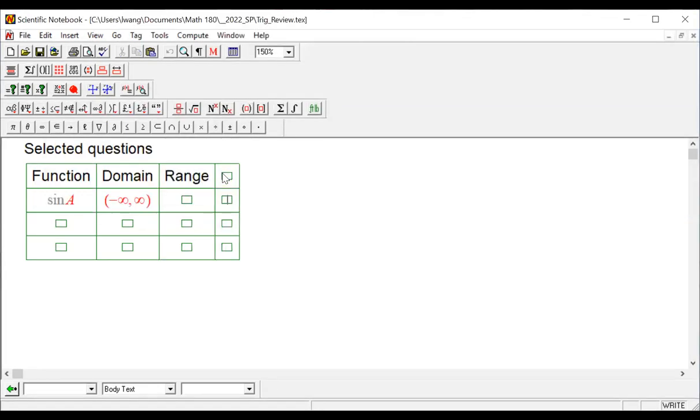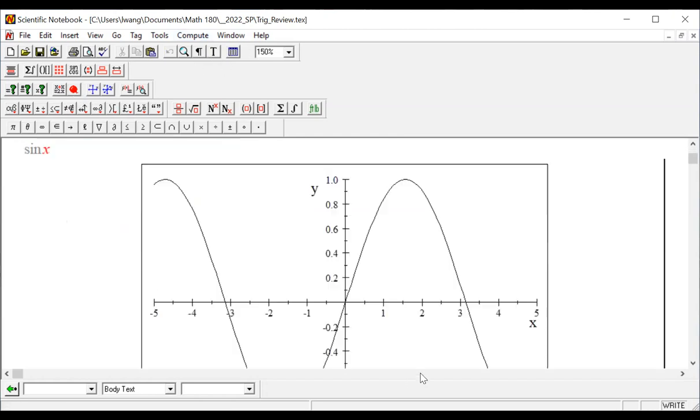Okay, so here I'm attaching the graph. So you can see, by the graph, and we have many lessons to talk about this, I have graphed the function with many points. Okay, so I'm going to attach a graph here, sine x, hold on, to enhance your understanding of it.